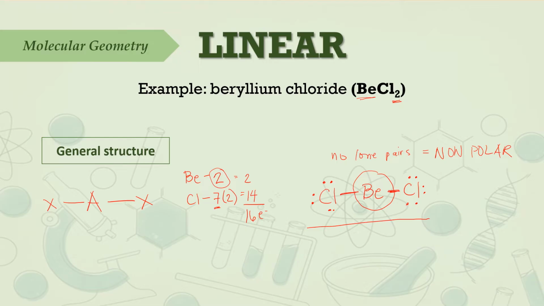And if the structure is symmetrical, meaning if you are going to divide this into half and they have the same structure on both sides, then it's also nonpolar. If, for example, there are lone pairs in the central atom and it's not symmetrical, then the molecule is polar. So as easy as that.